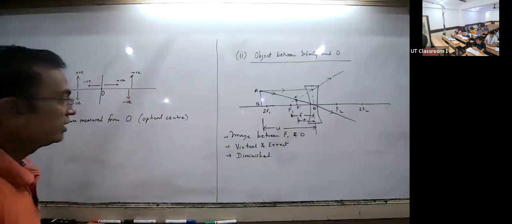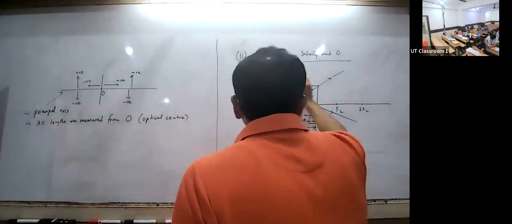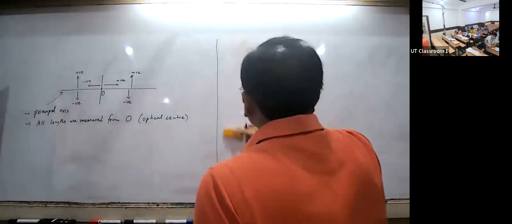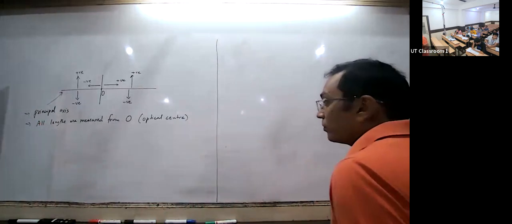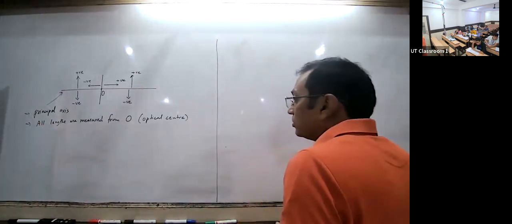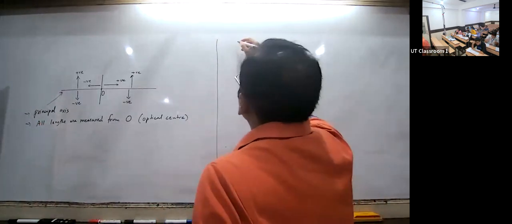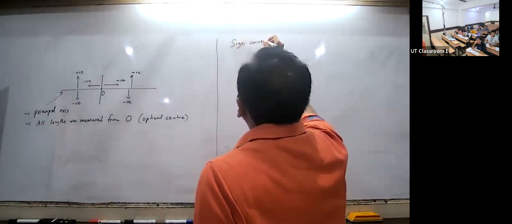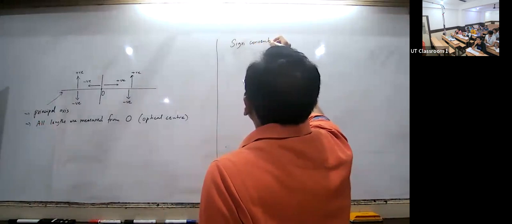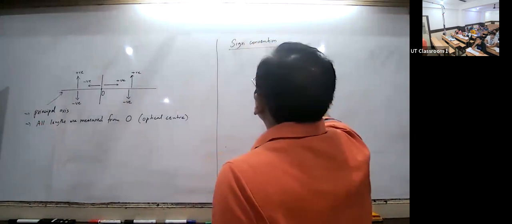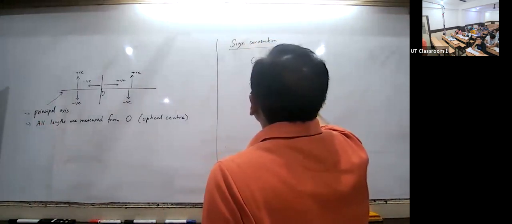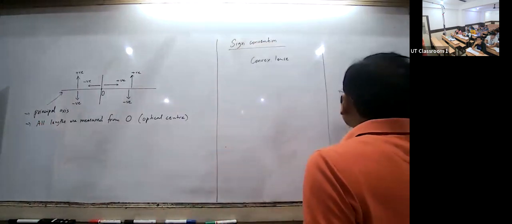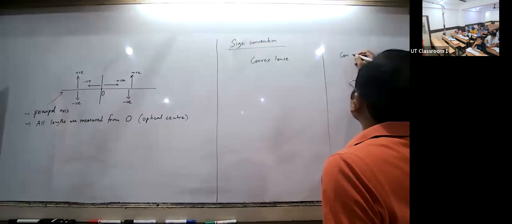So now let us write it for concave and convex lens. First, sign convention. Let's write convex lens, and here we'll write concave lens.